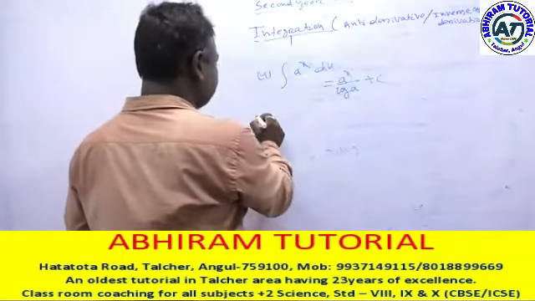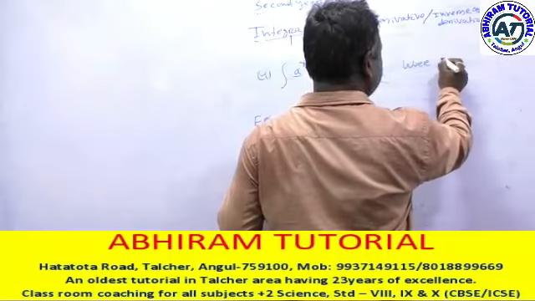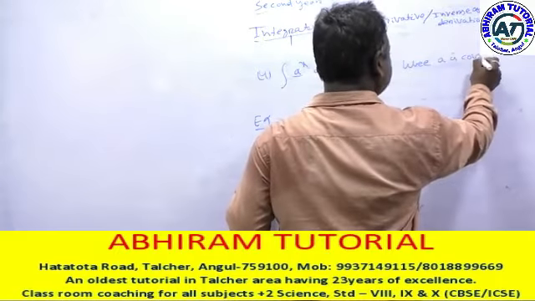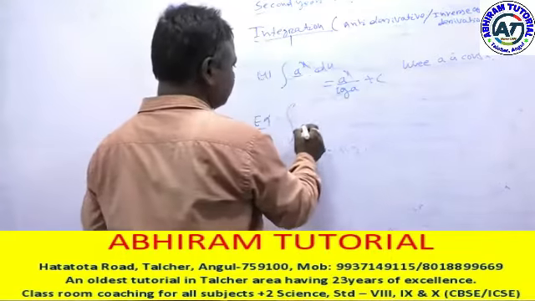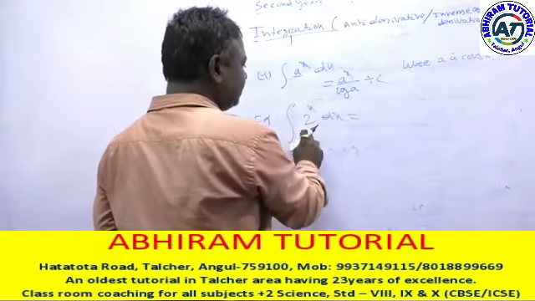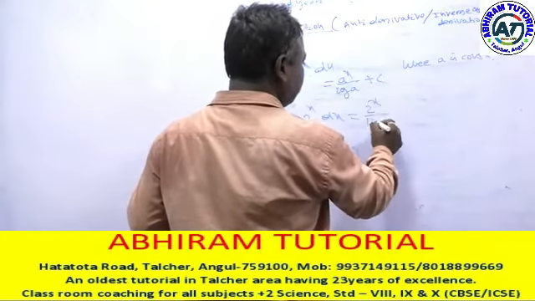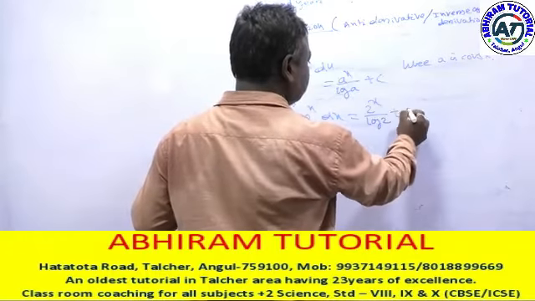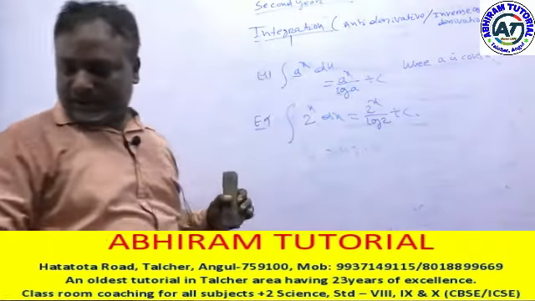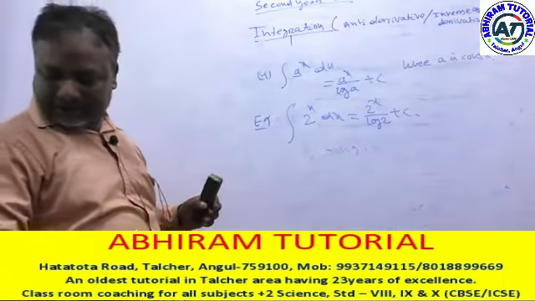You will see the example, where a is any constant. So the integration of 2 to the power x into dx: here a is 2, so we can write 2 to the power x by log 2 plus c.